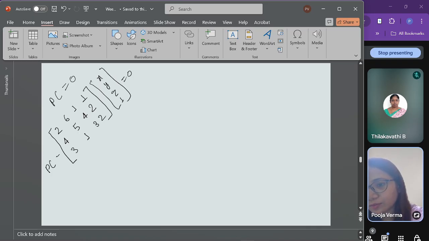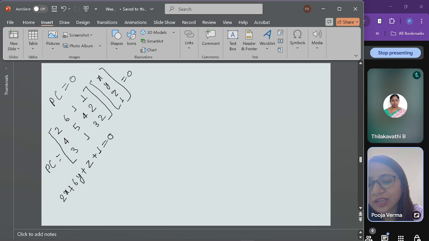Again, we have to make the equations and solve for all the values of X, Y, Z. So let's check all the equations first. 2x plus 6y plus z plus 1 is equal to 0.